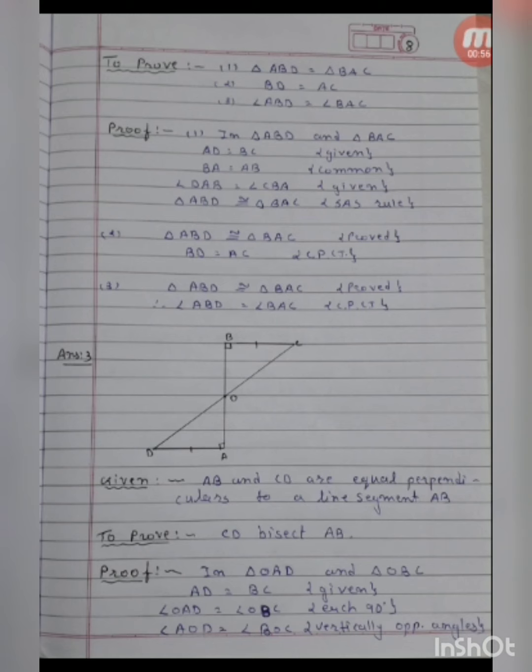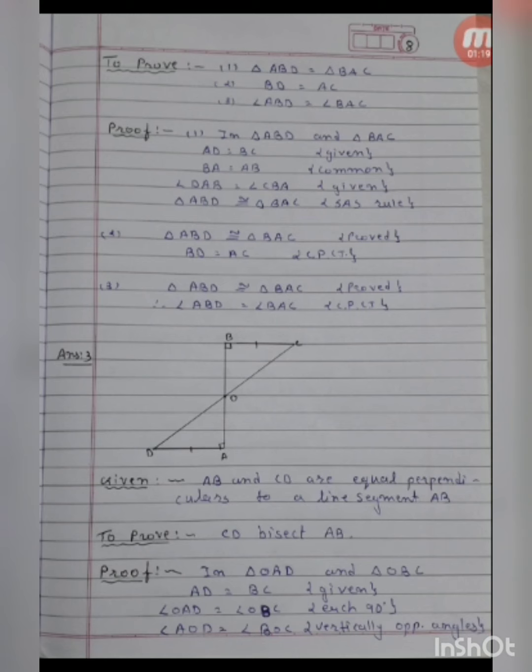Second number, in first we proved triangle ABD congruent to triangle BAC. So, we can write BD is equal to AC by CPCT. Third number, triangle ABD congruent to triangle BAC, we proved in first. So, we can write angle ABD is equal to angle BAC by CPCT.